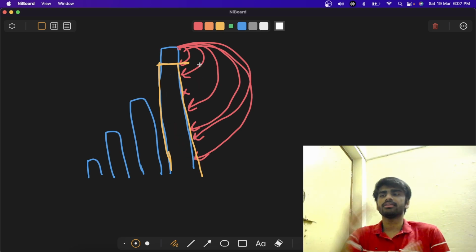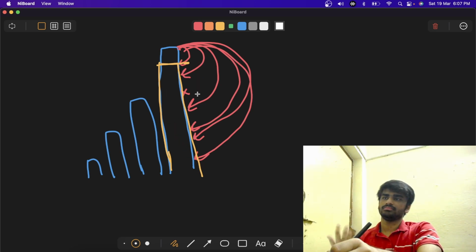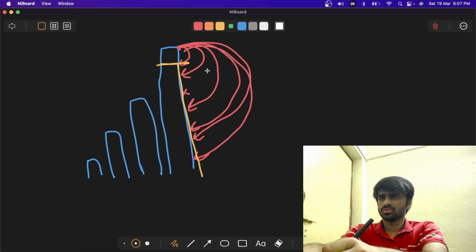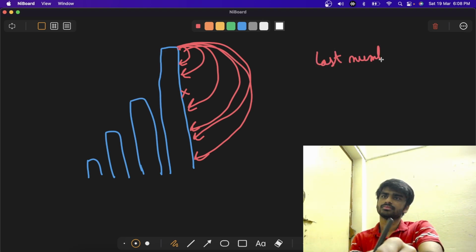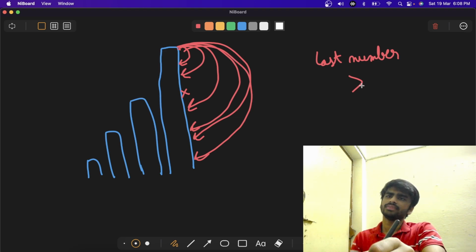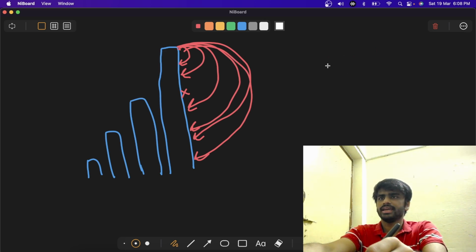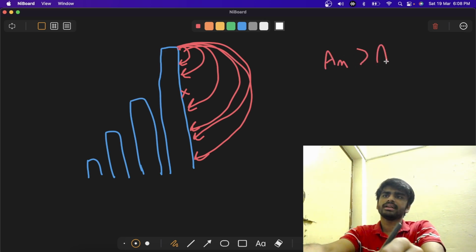And since all of these are winning, that means Bob will lose, right? So my observation is that if the last number, let's call it an, is greater than an minus 1 plus 1, then definitely Alice will win.